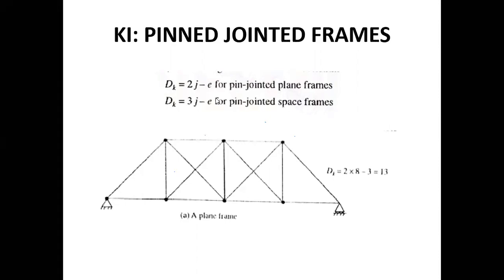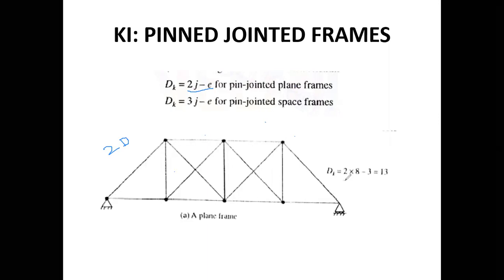In this case, it will be 2 multiplied by joints, because it is a 2D frame or a plane frame. So the equation will be 2j minus e. The number of joints here is 1, 2, 3, 4, 5, 6, 7, 8.